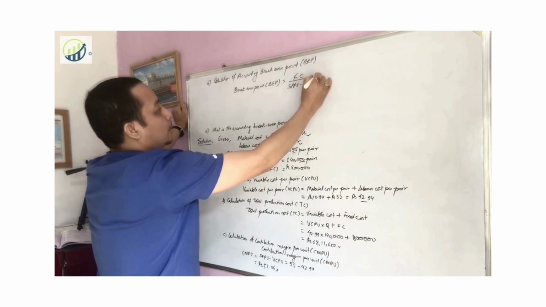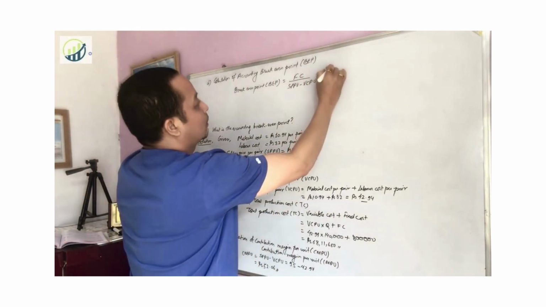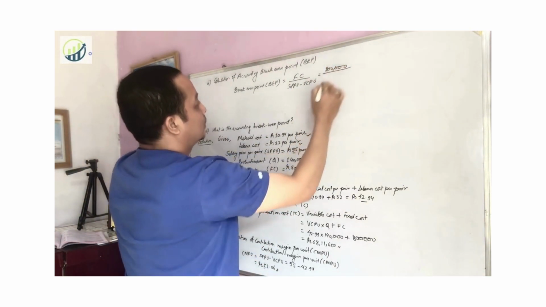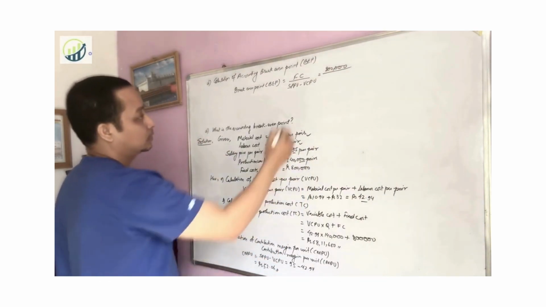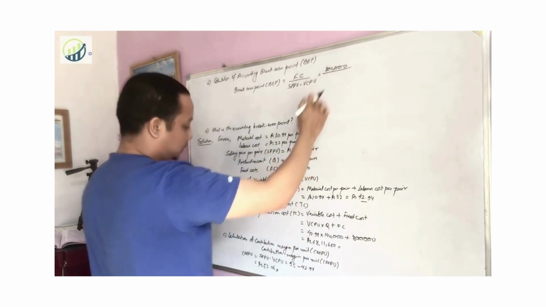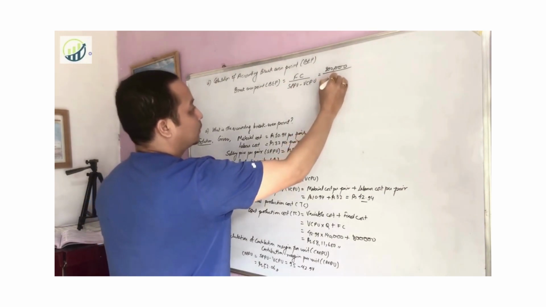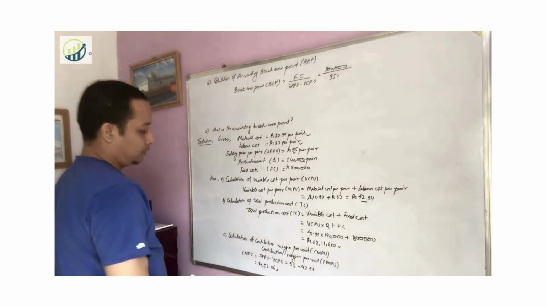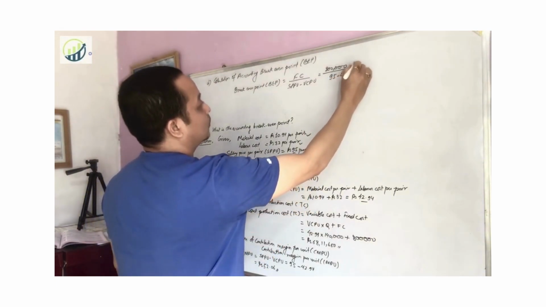So here fixed cost is rupees 8 lakh. For the denominator, you can write contribution margin per unit also, but let's write the value of selling price per unit. Selling price per unit is 95 and variable cost per unit is 42.94.